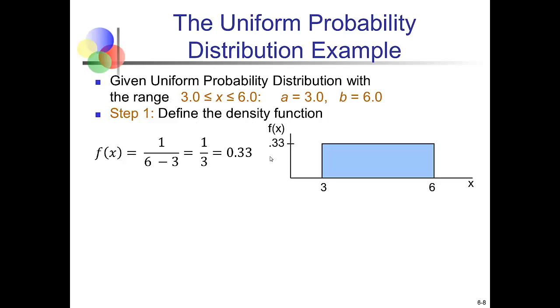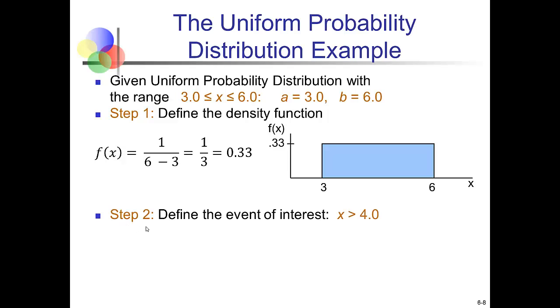So our density function has a height of 0.3 between 3 and 6. So we can sell exactly 3 yards worth of fabric. We could sell exactly 6 yards worth of fabric, or any range of values in between. But because we can measure the fabric to many, many, many decimal points of precision, we're not going to talk about selling exactly 3 yards of fabric.